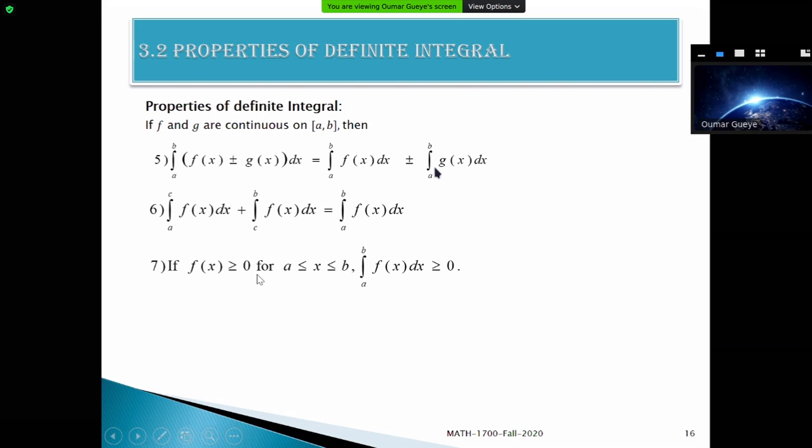And for the next one, I already mentioned it. If my function is positive on the interval [a, b], the integral of f is going to be positive. That's what I told you. And in that case, it is equal to the area of the region bounded by the curve, the x-axis, and the vertical lines x = a and x = b.